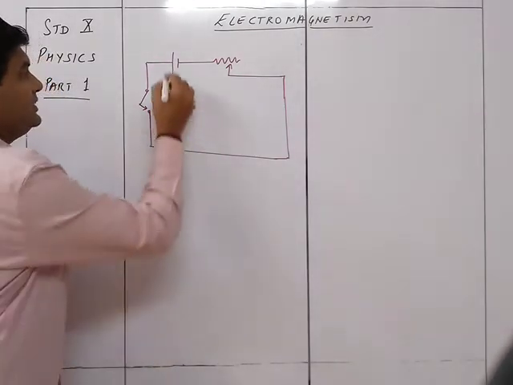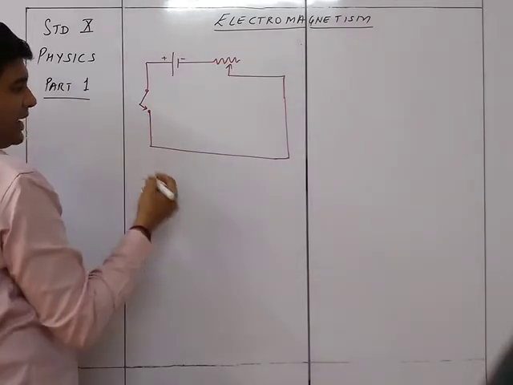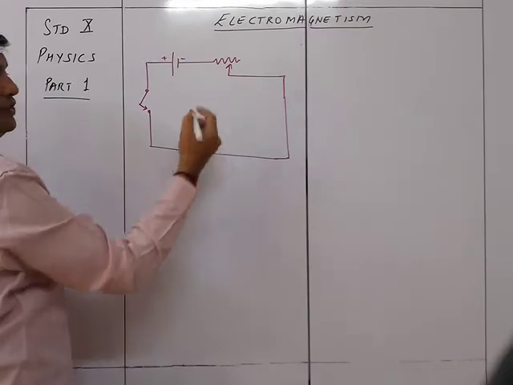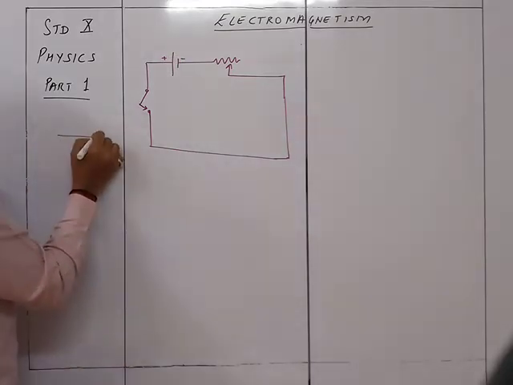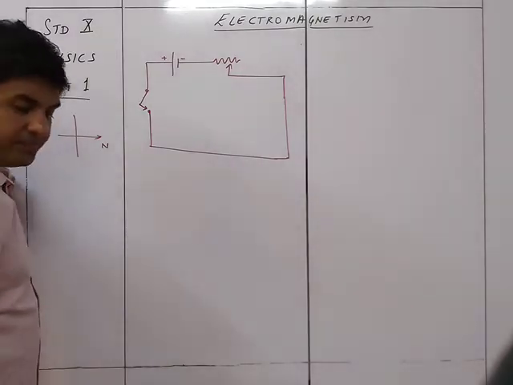This is the plus and minus of the battery, this is the rheostat, this is the tapping key, and we know that the geographical north is in this direction.